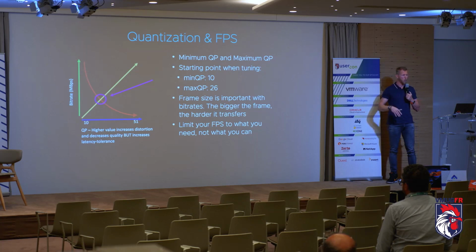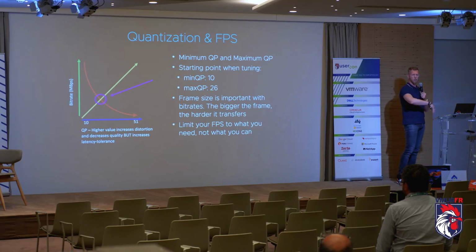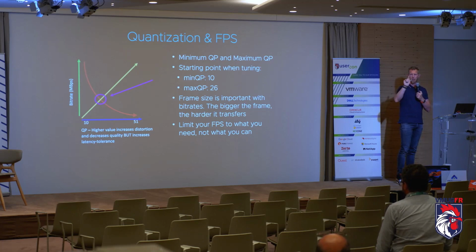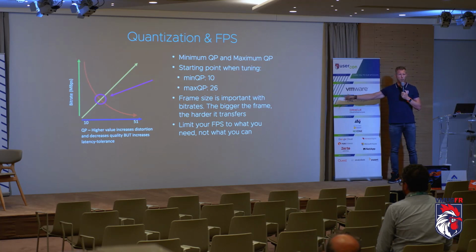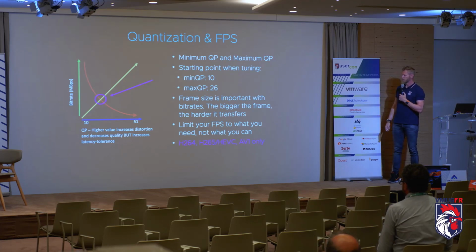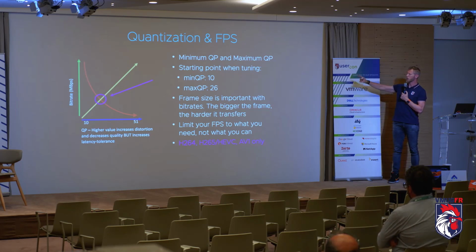Also, if you take someone that does Office all day, just typing into Word, and you see the cursor popping up and popping, they probably use like, I don't know, 5-6 frames a second. So don't give them those 30 frames because they don't see the difference anyways. So this is really important. And these QP values can only be adjusted for those 3 different codecs.